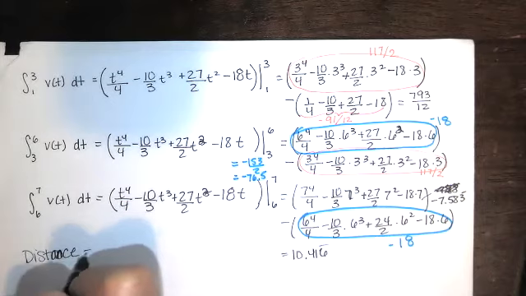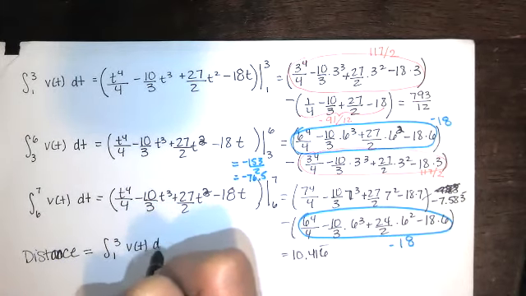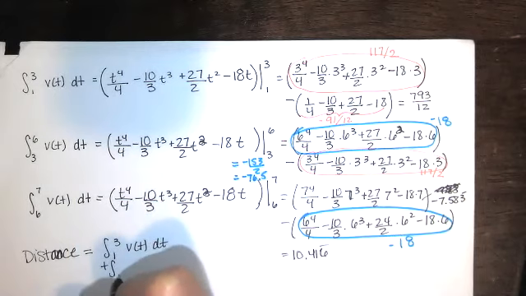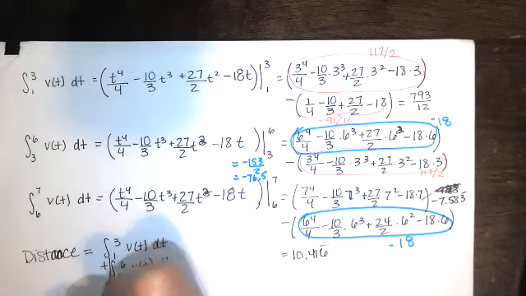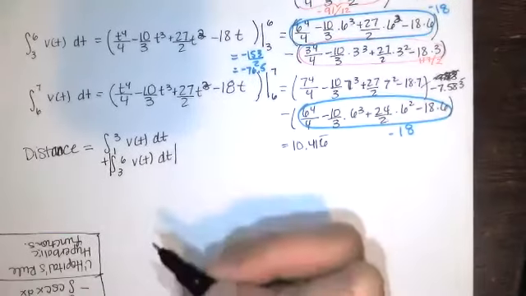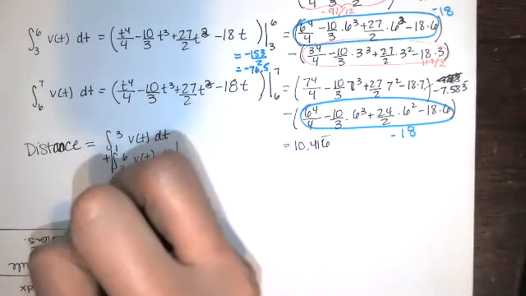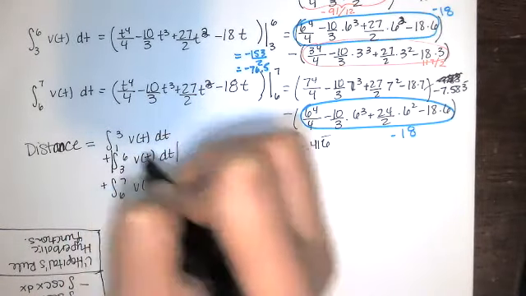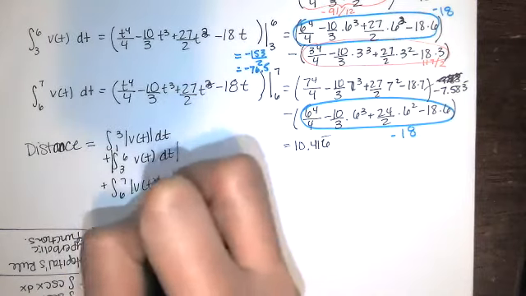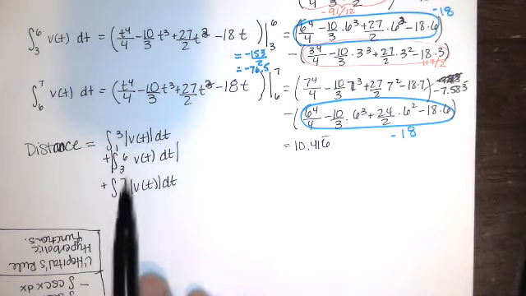distance is equal to the integral from 1 to 3 of v of t plus the integral from 3 to 6 of v of t, but we take its absolute value because that distance traveled was traveled in the negative direction. And then we have the integral from 6 to 7 of v of t. Now, all of these are technically absolute values of v of t, but v of t is positive here and here.